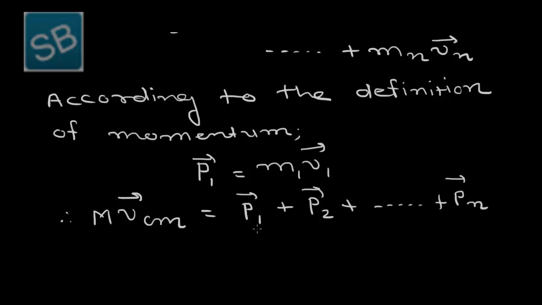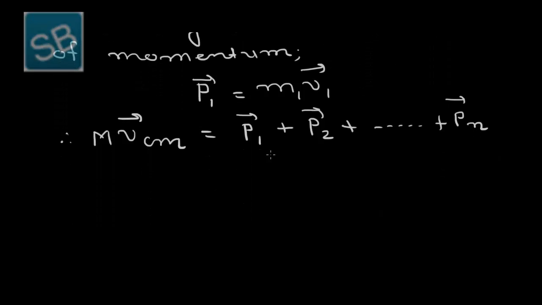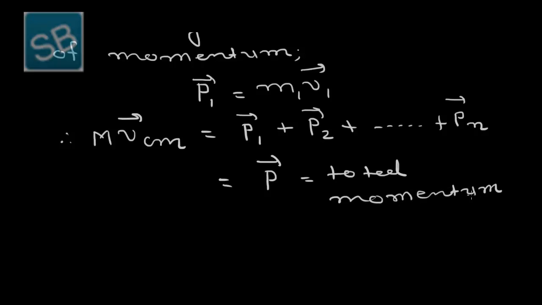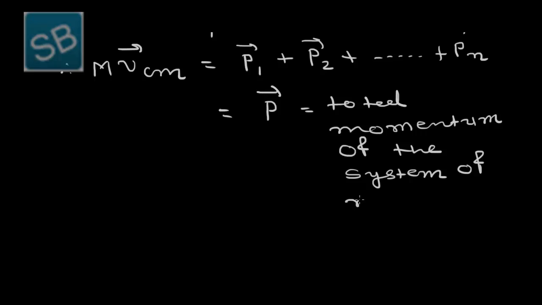Now this is the momentum of different particles, but if I am adding them, then this will be my total momentum of the system. And this is the total momentum for n number of particles.